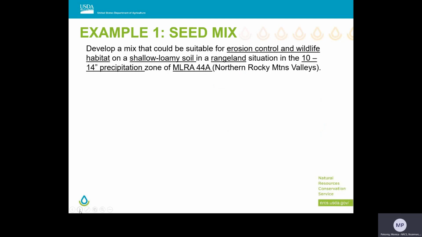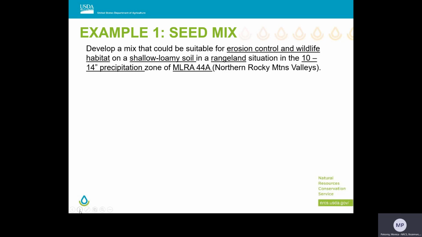So I thought what we would do today is go through a couple of seed mix examples and the thought process that I go through when I'm putting together a seed mix, and hopefully that'll help illustrate how we're trying to take all of these different things into consideration.